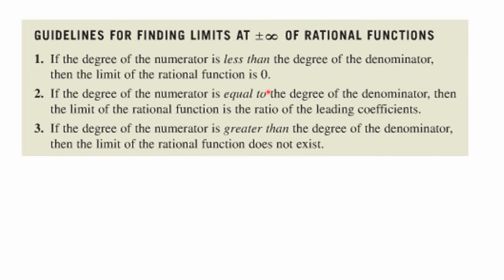That would be common in this case because we're saying the degrees are equal. If the degree of the numerator is greater than the degree of the denominator, then I would not say does not exist. I would say that the limit would be infinity. And it'll either be positive or negative infinity depending on other characteristics of the problem.